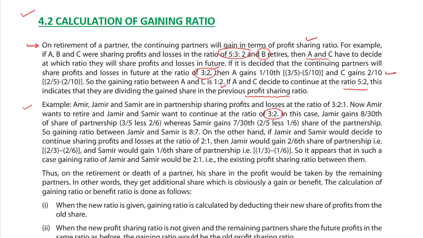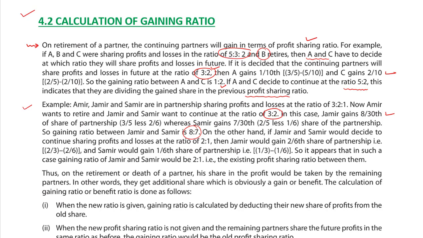In this case, Jamir gains 8/30 share of the partnership, 3/5 less 2/6, whereas Samir gains 7/30 share, that is 2/5 minus 1/6 share of the partnership. So, the gaining ratio between Jamir and Samir is 8:7.